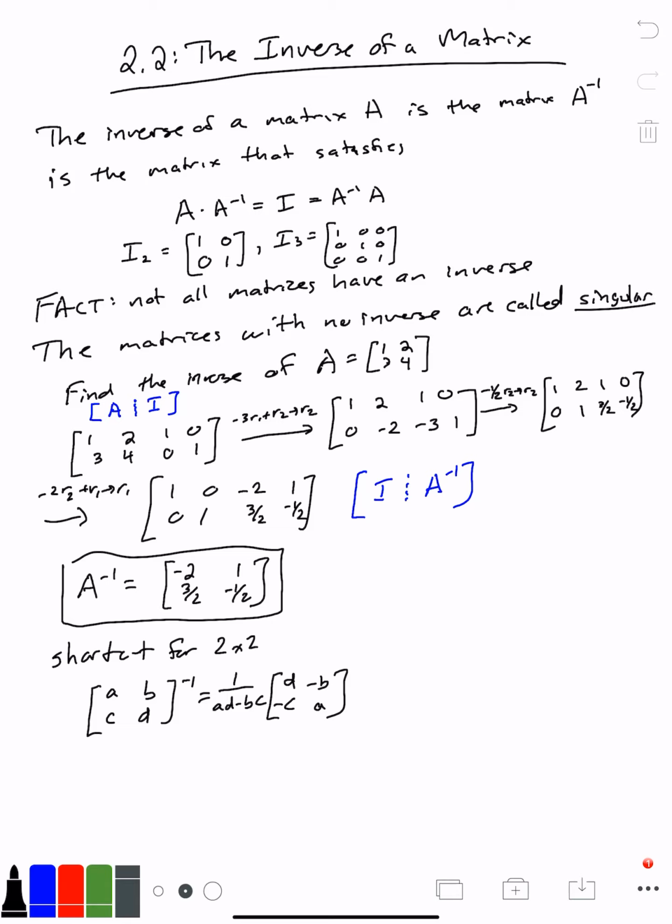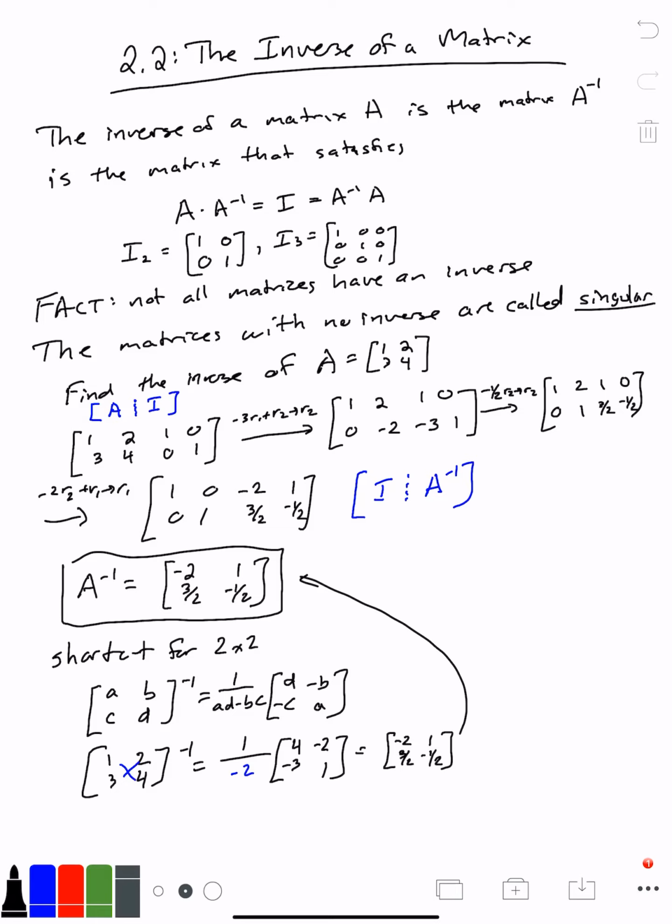And so if we try this on this one here, 1, 2, 3, 4, it'd be 1 over 4 minus 6, which is negative 2. Then I switch the diagonal, 4, 1. I don't switch these, but I make them negative. And then if I divide that here, I get negative 2, 1, 3 halves, and negative 1 half, which is the same answer I got up here.